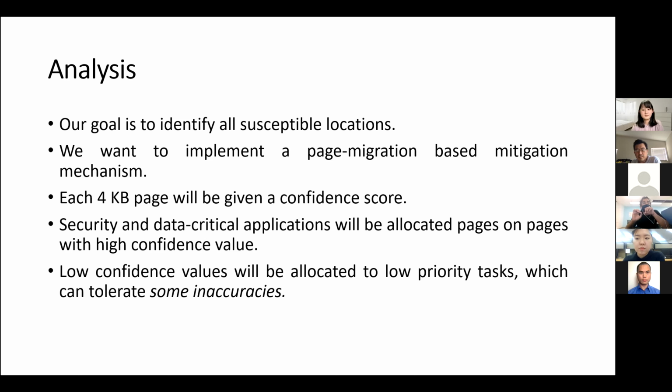Each 4 KB page on the OS will be allocated to a row with some confidence score, and we would like to allocate security and data critical applications on rows which have a very high confidence value. Other tasks which can tolerate some amount of data errors can be allocated into rows which have lower confidence values.